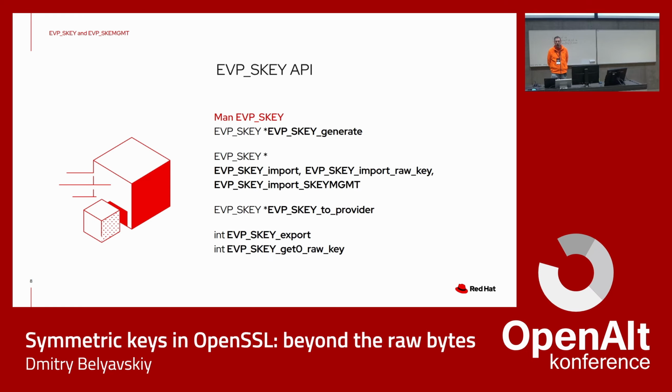There are several functions which basically do the same, but taking different arguments depending on what objects we have at our disposal. We can say that we need to convert a key that is backed by one provider to a different provider. We can try to get raw bytes from the existing key. This operation, of course, may fail, but you still may try.